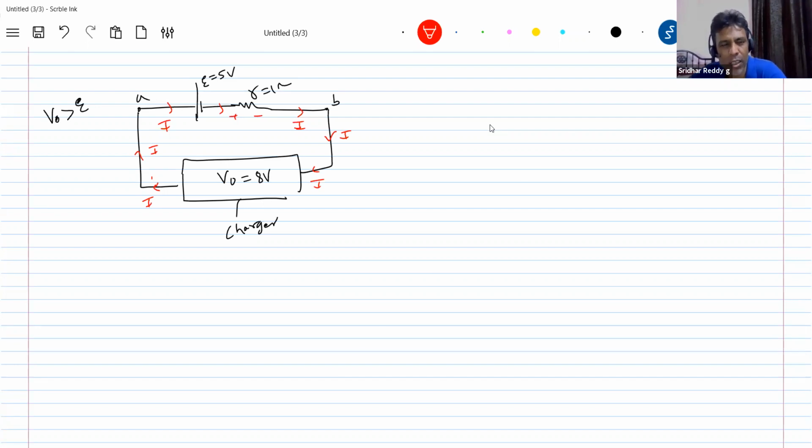You may say, sir, we are not understanding. So this is what you see, AB. This is your mobile, the battery inside it. And this charger is the eliminator that you connect to the wall socket. This is the EMF, and this is the battery inside the cell that I'm showing here. Now let's write the equation.